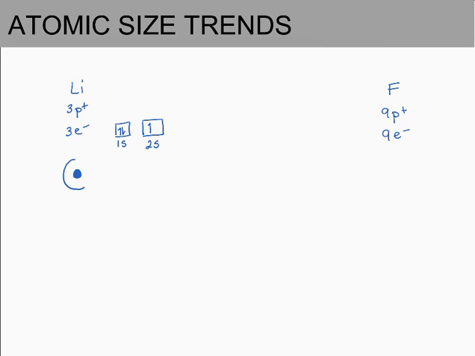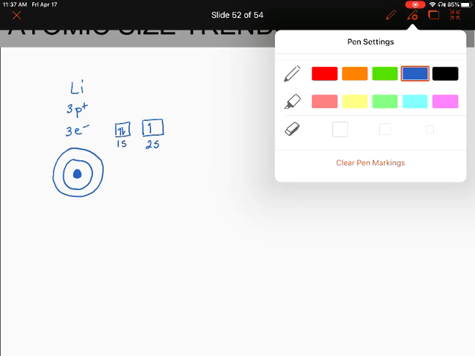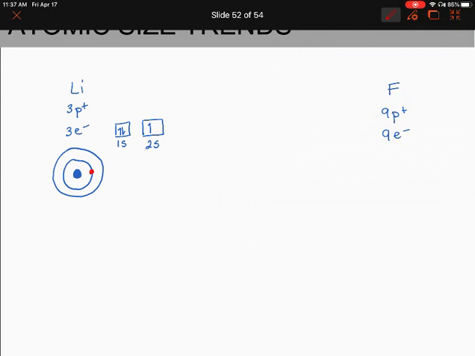So we can actually draw those energy levels, and then I'll use red to represent the electrons. Okay, so we've got 3 electrons and they're floating around the nucleus, which has 3 protons.